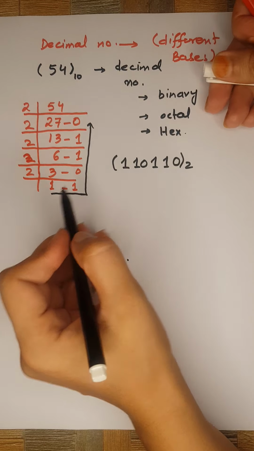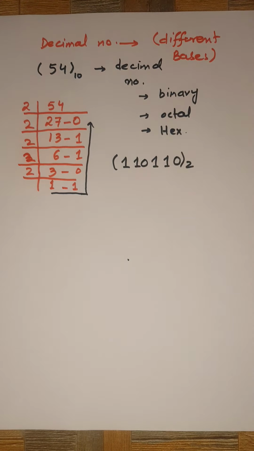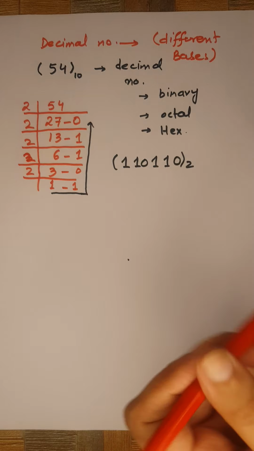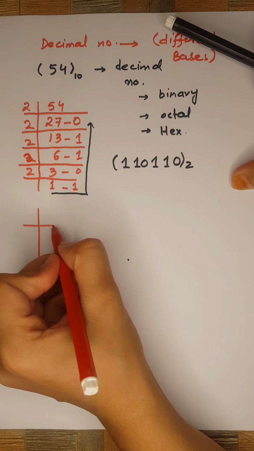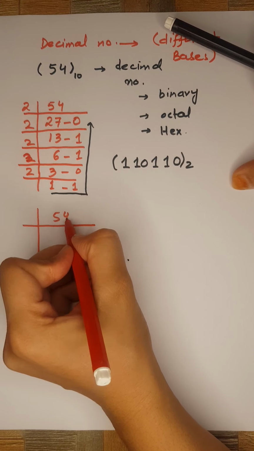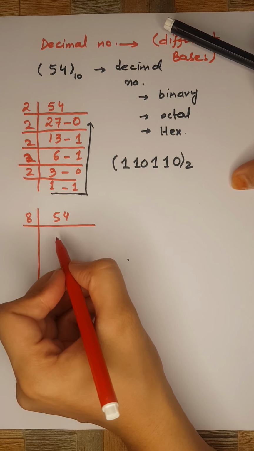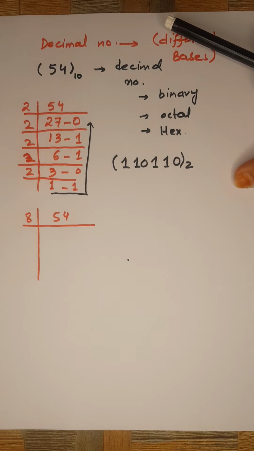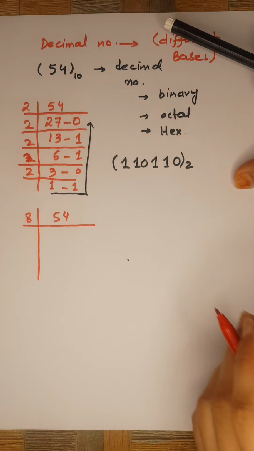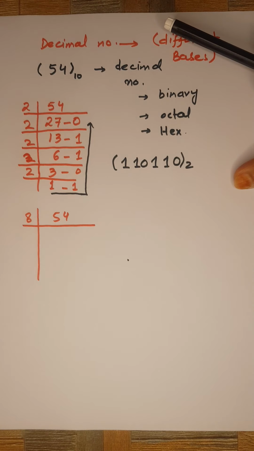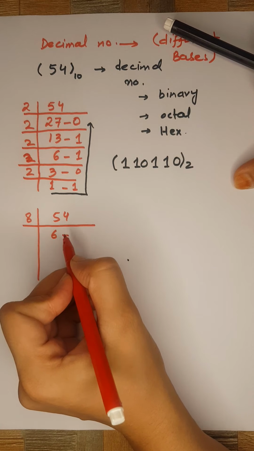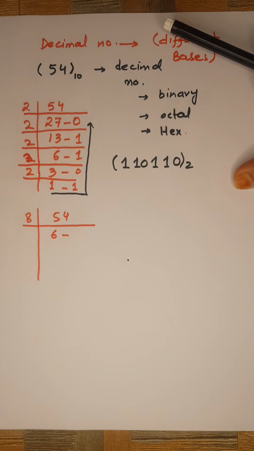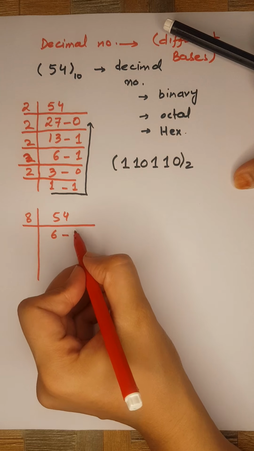Similarly, if you want to convert 54 into octal, you will divide it by 8 using the same procedure. So 54 divided by 8, eight 6s are 48, and the remainder is equal to 6.